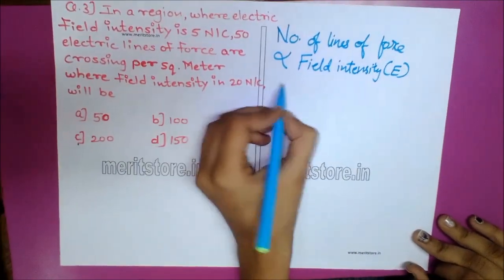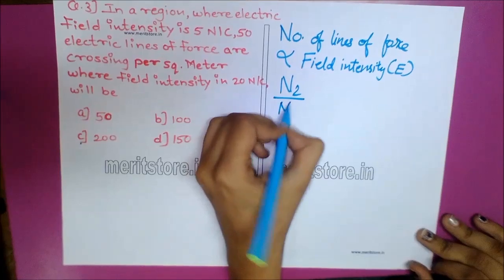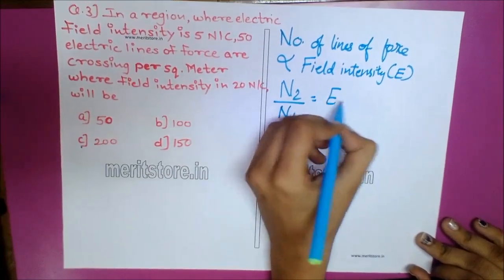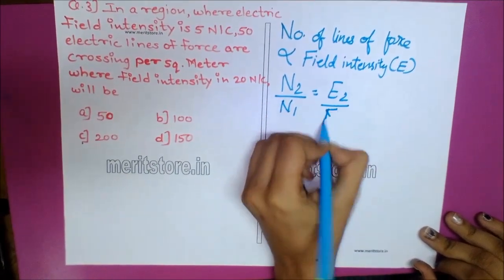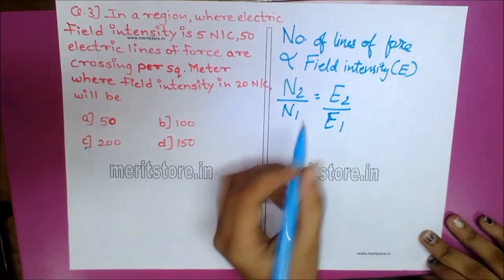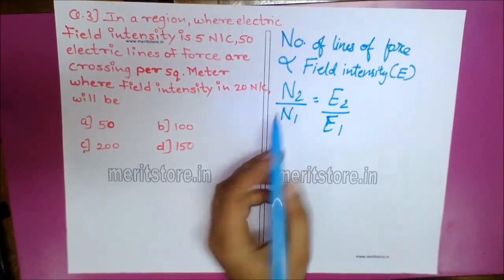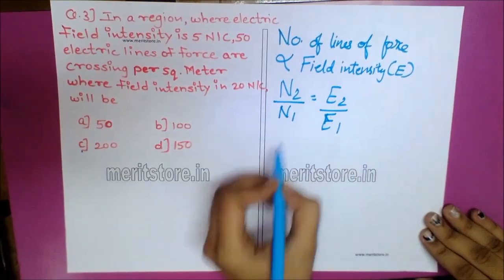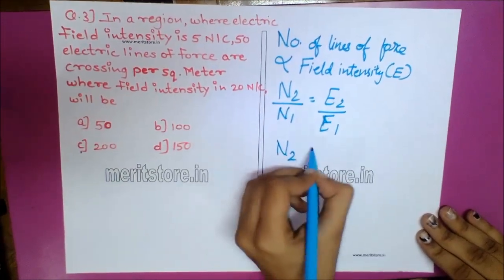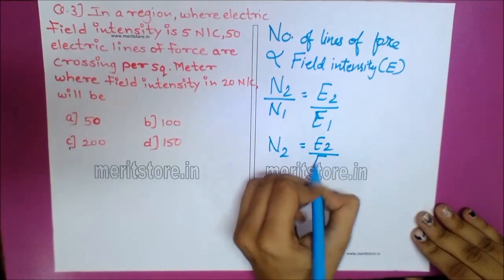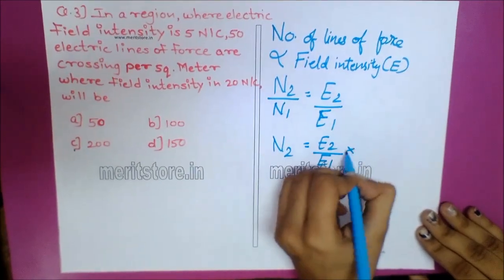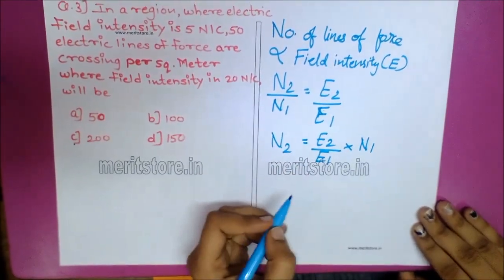E. Therefore, N2 by N1 will be equal to E2 by E1. We have to find N2, that is the number of lines passing. By this formula, we will find N2 as E2 by E1 into N1.